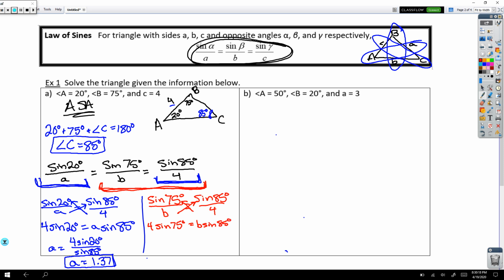Divide the sine of 85 degrees over. So B would equal 4 sine 75 degrees all over sine of 85 degrees. Punch that into your calculator. Again, make sure you're in degree mode. Otherwise, your answers will come out a lot different than mine. But we get B equaling 3.89. And that's it.